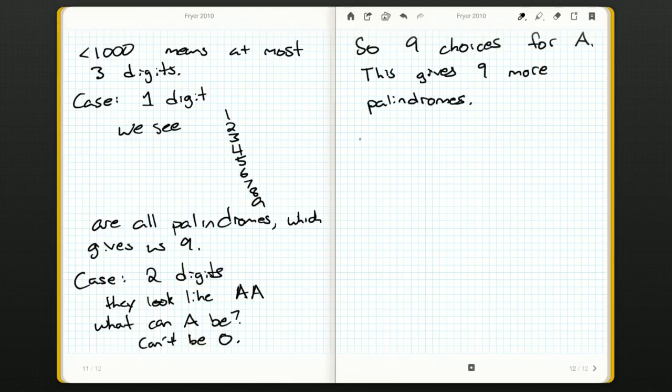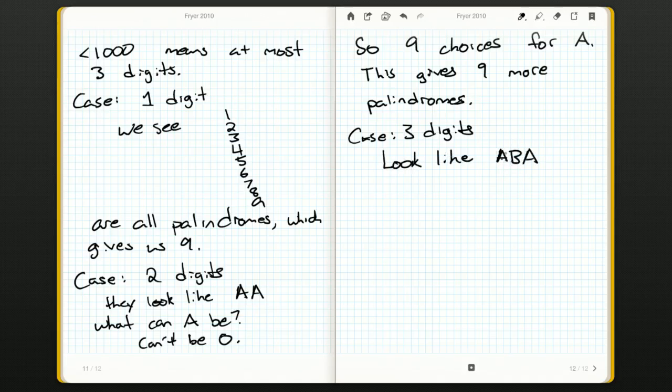And now for the harder case. What if we had 3 digits? Well, they all are going to look like A, B, A. Now, A and B could be the same. But the point is, we're not assuming that B is the same as A. We're not assuming that it's just 1, 1, 1, 2, 2, 2. We could have 2, 3, 2. The example they give is 1, 2, 1.